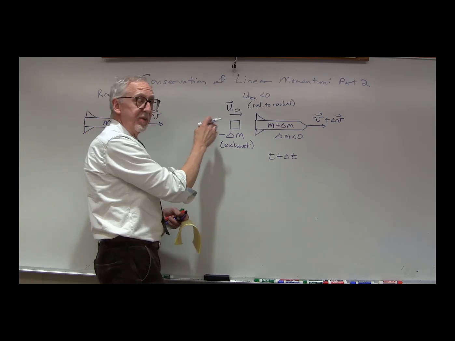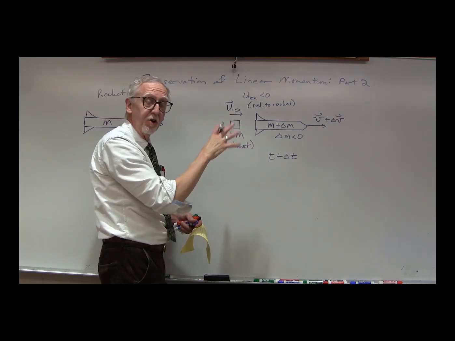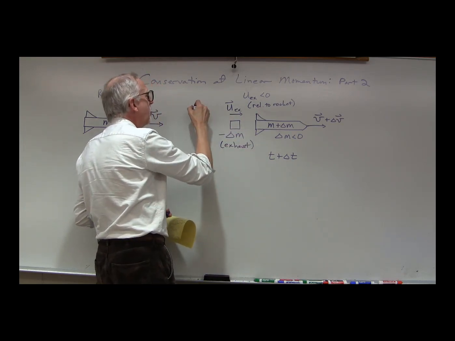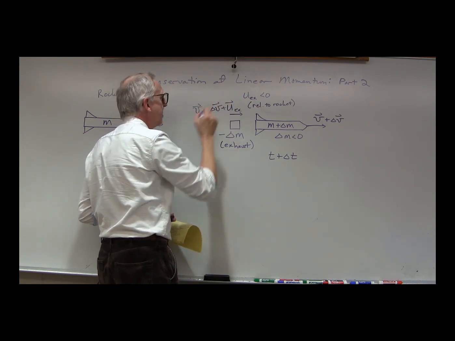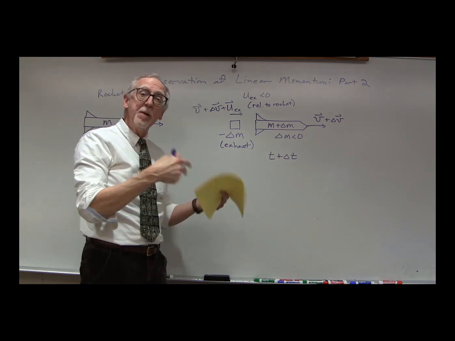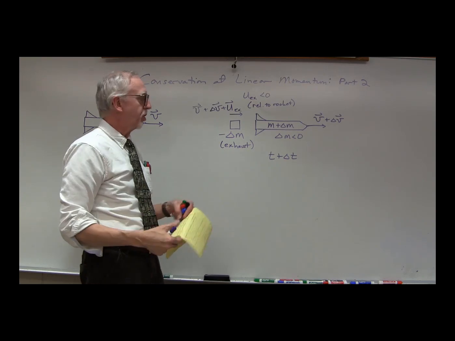So the velocity of the exhaust relative to the Earth or atmosphere will be u exhaust plus v plus delta v.